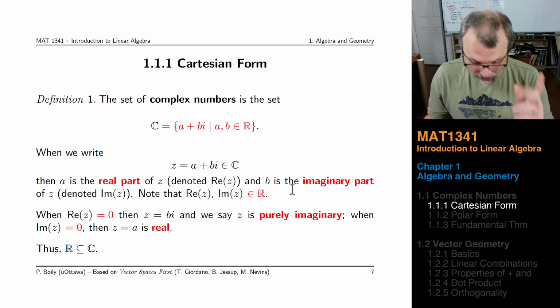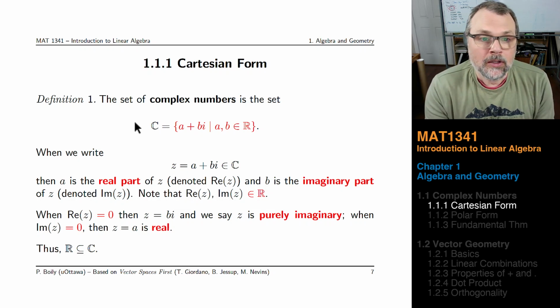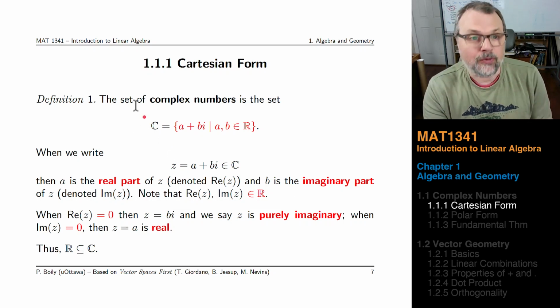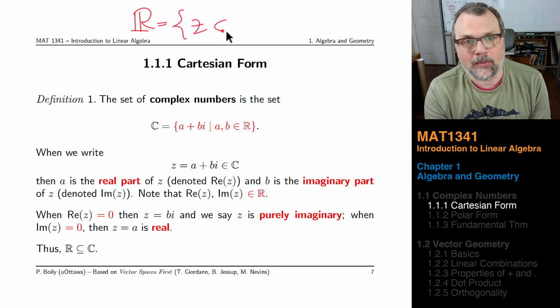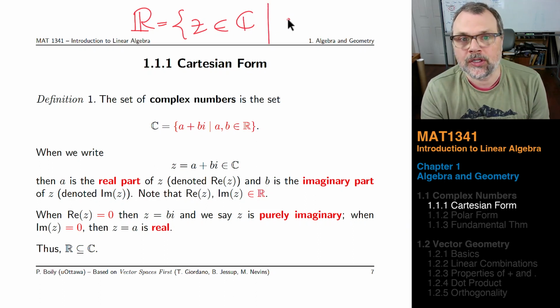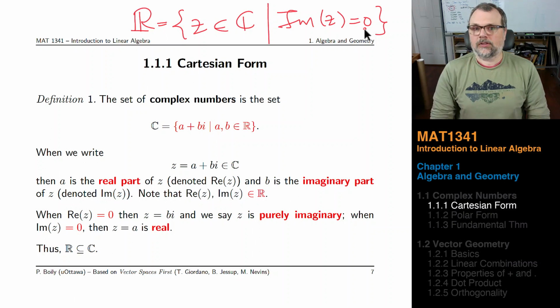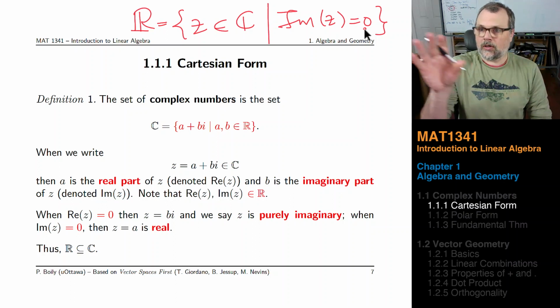You could write, if you wanted, that R, the set of real numbers, is the set of every complex number z. So this is the form, and then the restriction is that the imaginary part of z is 0. Form, restriction.